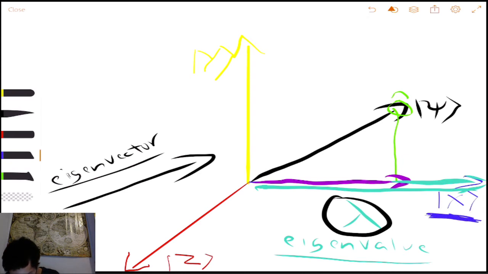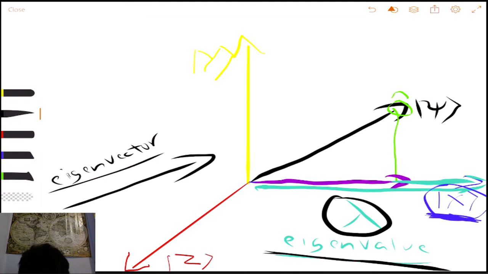So that position is what we observed. And the quantum state associated with this eigenvalue is called an eigenstate.